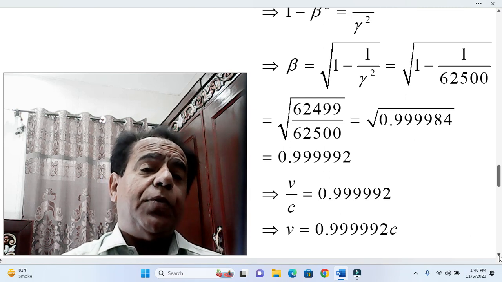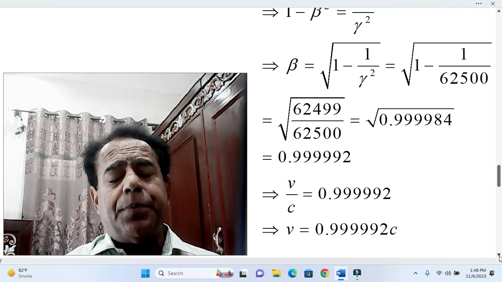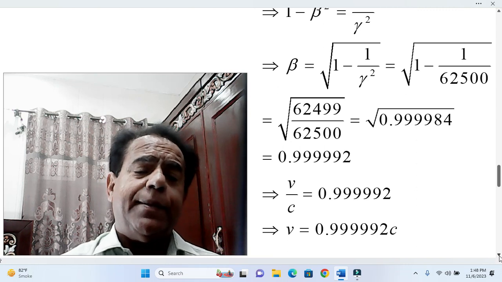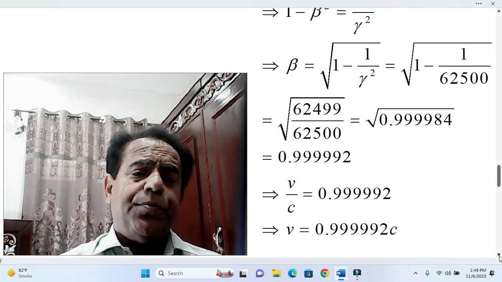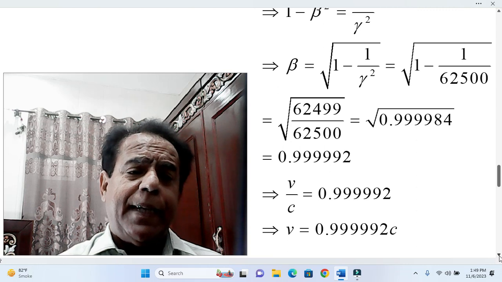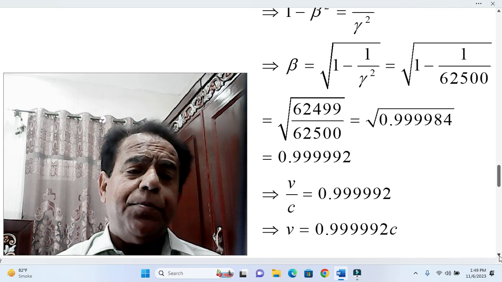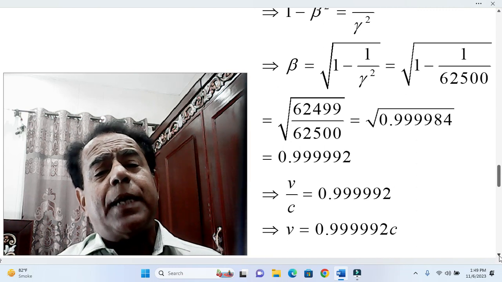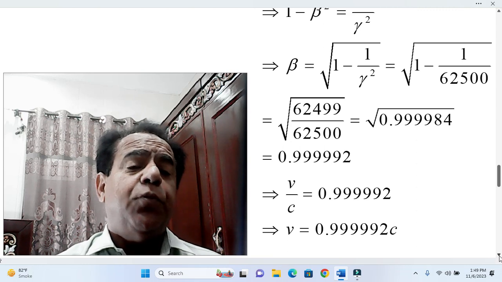We have already found the value of gamma, which was 250. So here we have taken the square of 250, which is 62,500. In place of gamma square we are using the value 62,500. In the next step we are taking the LCM, which will be 62,500, and in the numerator we get one less, because when we subtract 1 from 62,500 we get 62,499.